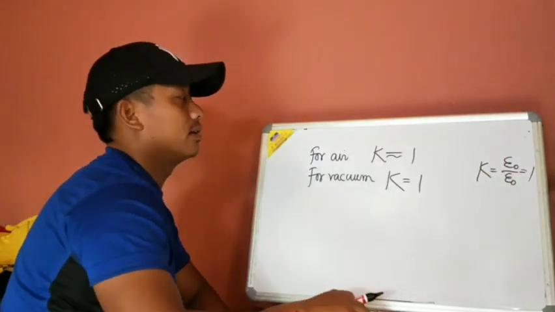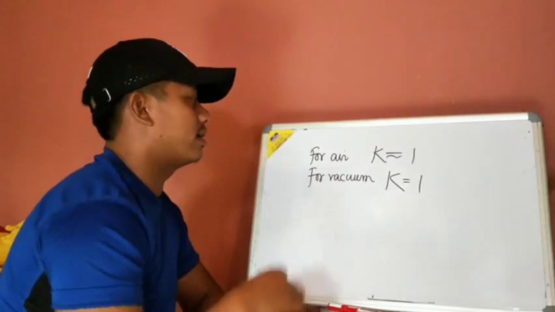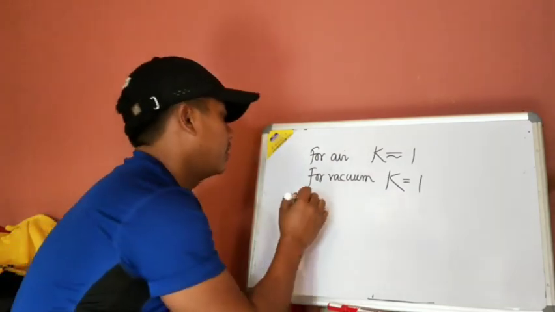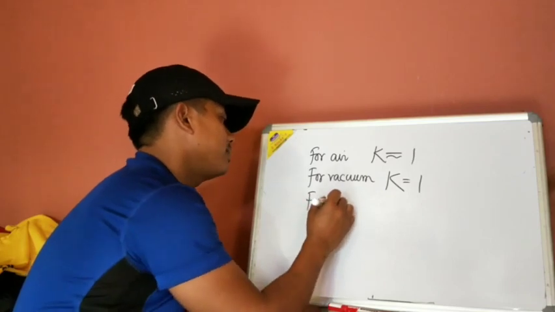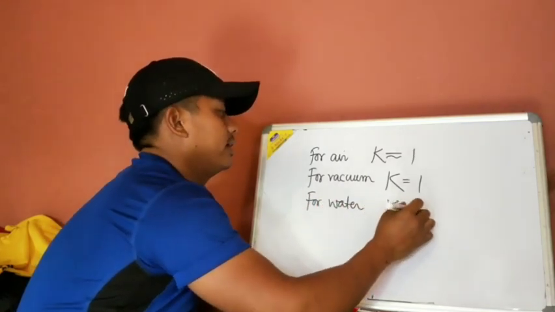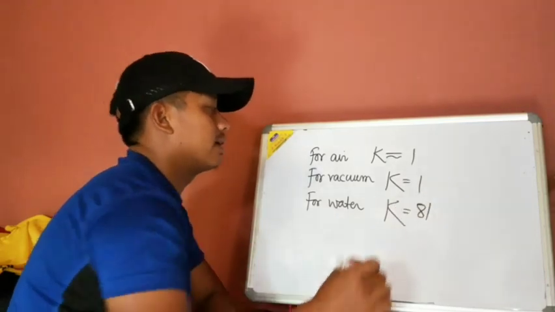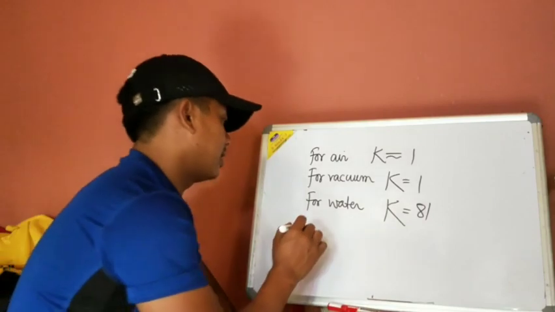That's why for vacuum it is written as 1. For air, it is approximately equal to 1. For water, the value of K is approximately 81, which is quite large.